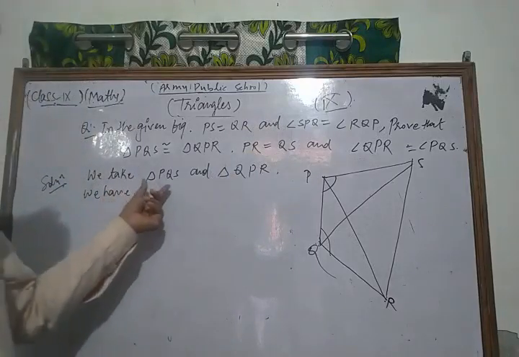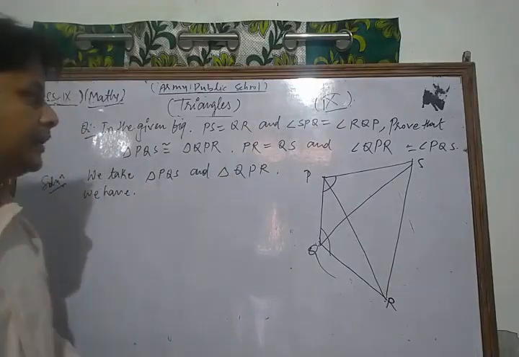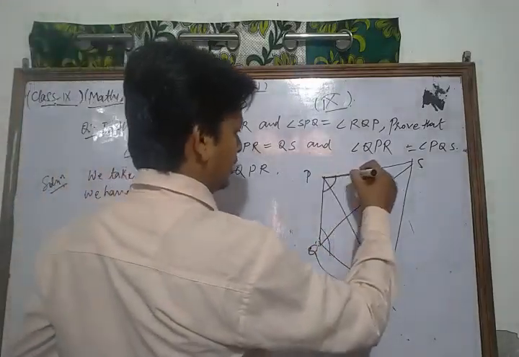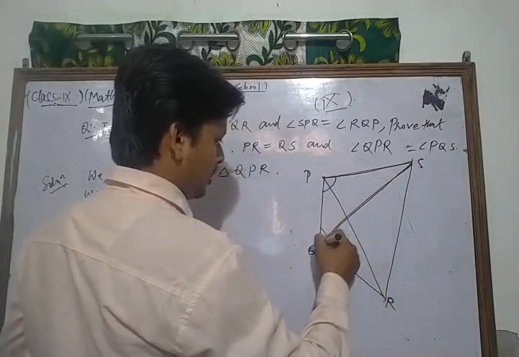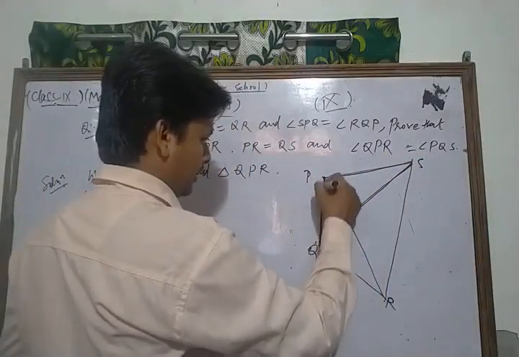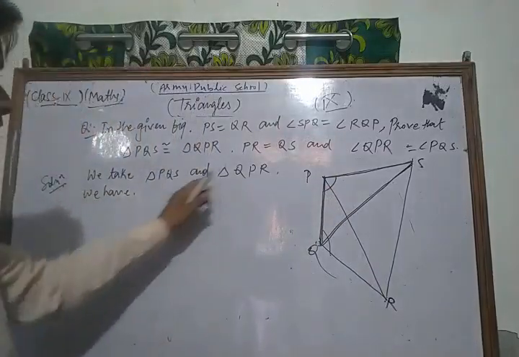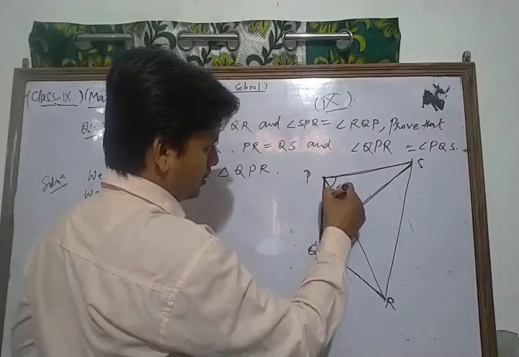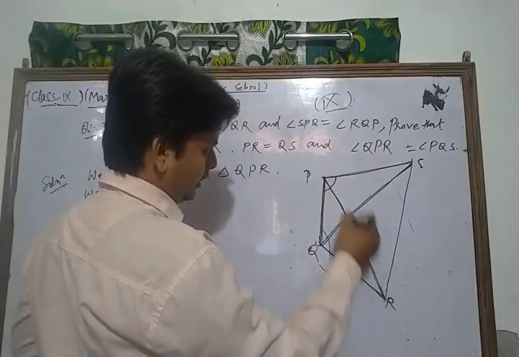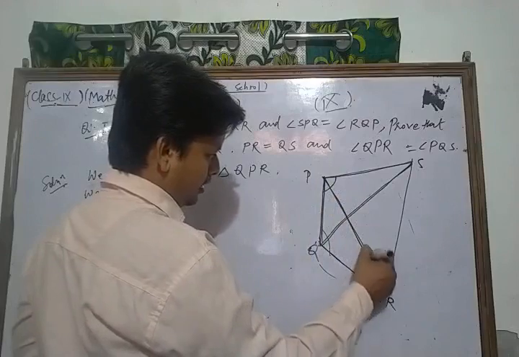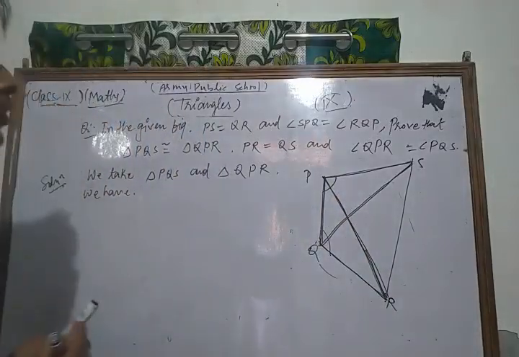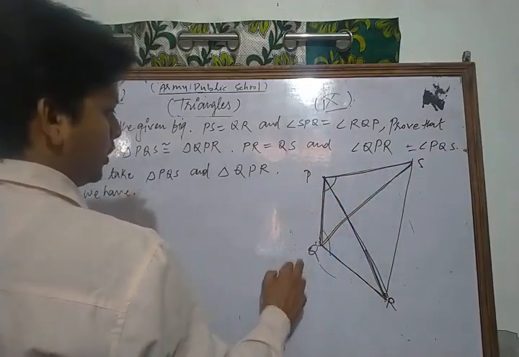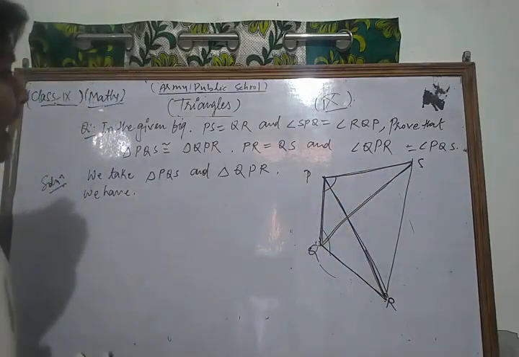So first of all we take triangle PQS and triangle QPR. Now, in triangles PQS and QPR, we have what?